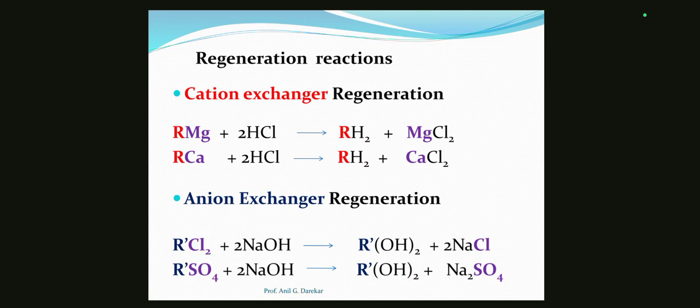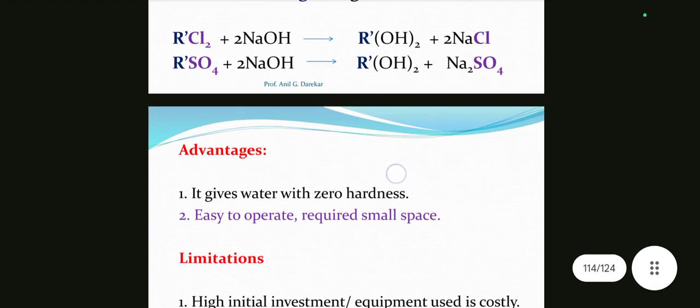And again we get the active anion exchanger, R-OH twice. And what is released and comes out through washing is NaCl and Na2SO4. So in this way, we carry out regeneration reactions for reactivation of the exhausted cation exchanger and anion exchanger.